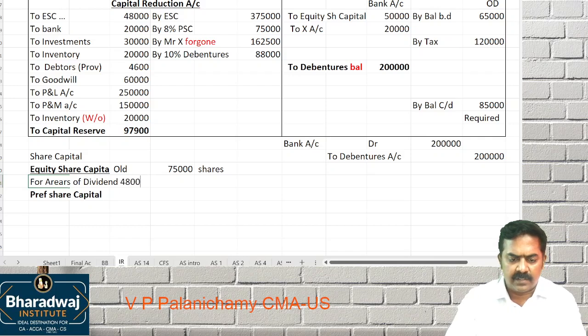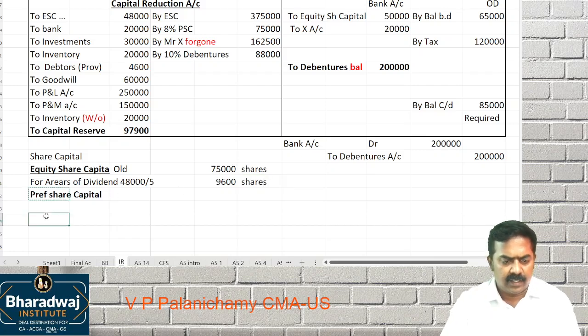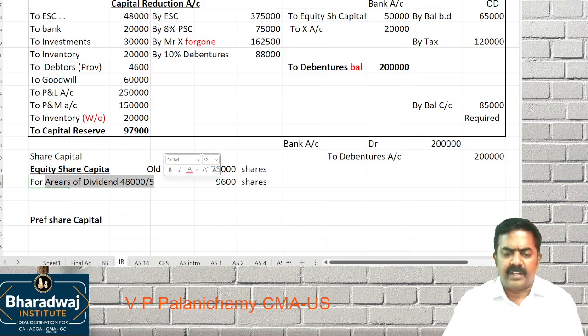48,000 rupees divided by 5 means how many shares would have been given? 48,000 divided by 5 means how many shares? 9,600 shares would have been given. Any other place equity shares are used? Old equity shares will continue and the 75,000 shares will continue. For arrears of dividend, why divided by 5 rupees?